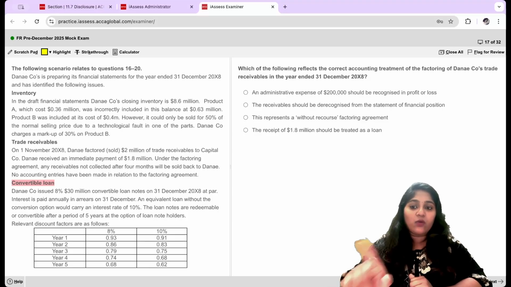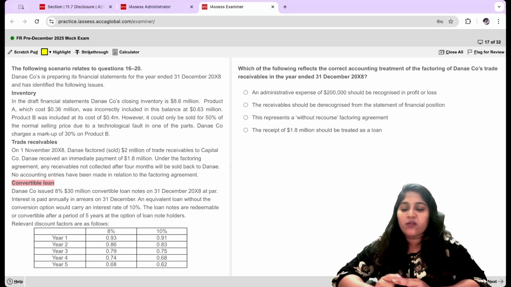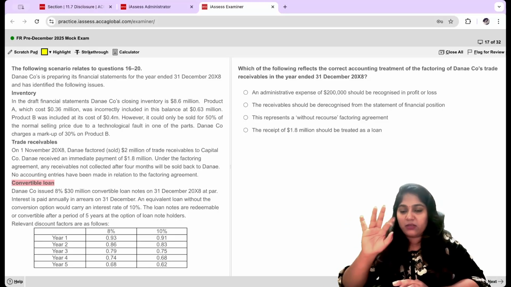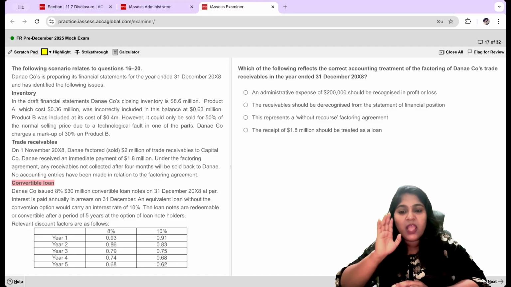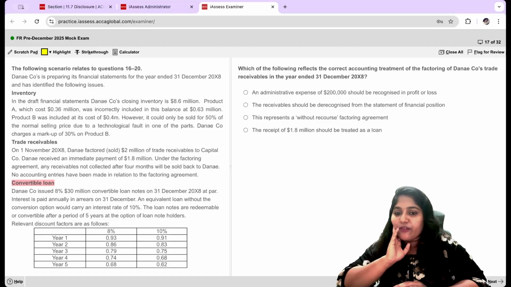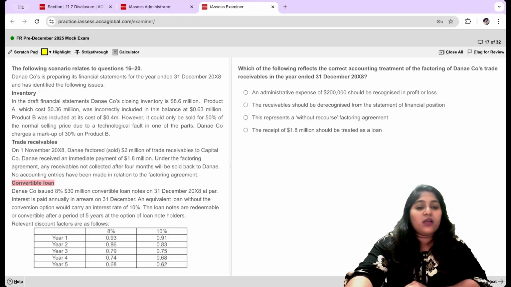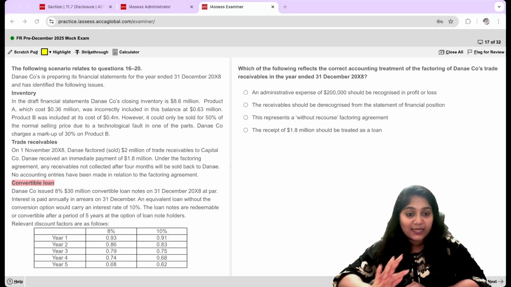Okay. Now read the trade receivables. On 1st November X8, Danae factored, sold 2 million of trade receivables to a capital company, and received an immediate payment of just 1.8 million. Under the factoring agreement, any receivables not collected after 4 months will be sold back to Danae. No accounting entries have been made in relation to the factoring agreement. Guys, first of all, I will not de-recognize my receivable.